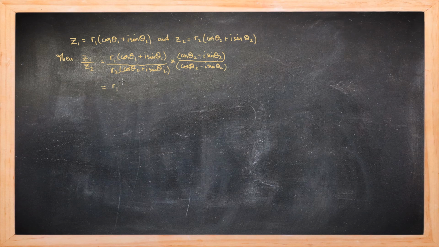So on the top we've got a real part which consists of multiplying the first two terms together. That's cos theta 1 cos theta 2. And the last two terms, which would be negative i squared, which is plus 1, sin theta 1 sin theta 2. And then the imaginary term comes from the inside two, sin theta 1 cos theta 2, and the last two terms, which is minus cos theta 1 sin theta 2.